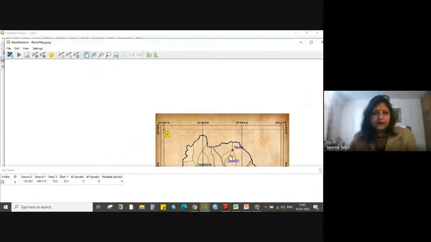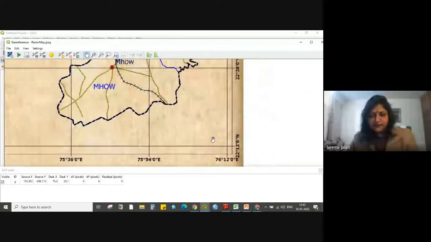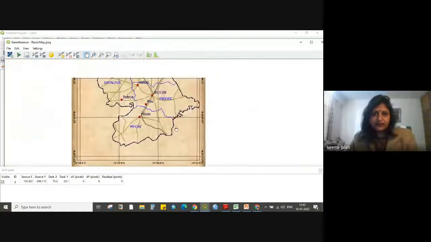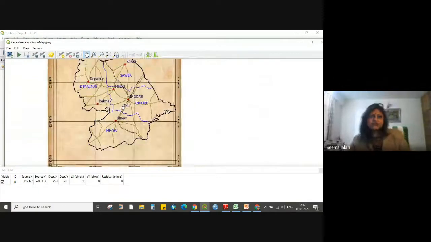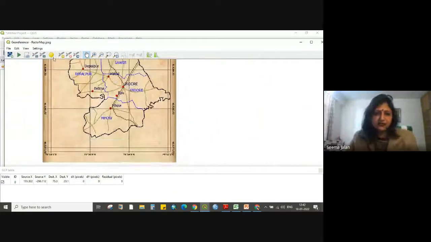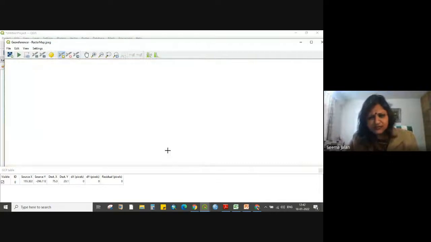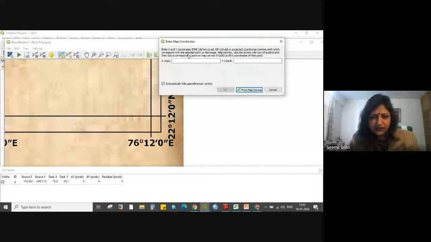Now, as I said, I should mark the GCPs scattered over the entire map. And the sequence which you will take is, you will first take a GCP here, then the second GCP far off from the first. So I'll take this one. So I put again, I'll just do it not very accurately.